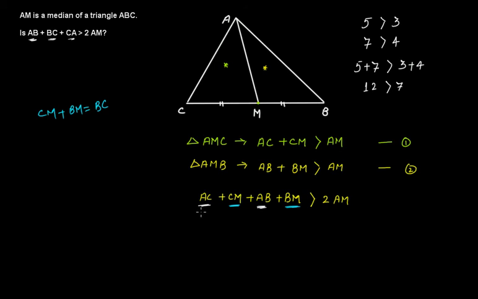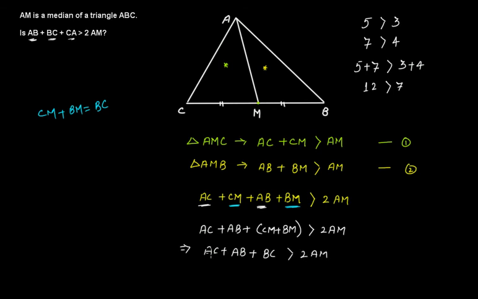So from here we get AC, then plus AB, and if we group together CM and BM, then this will be greater than 2AM, and if you solve this, AC plus AB plus BC will be greater than 2AM.